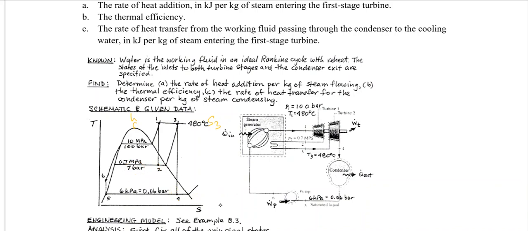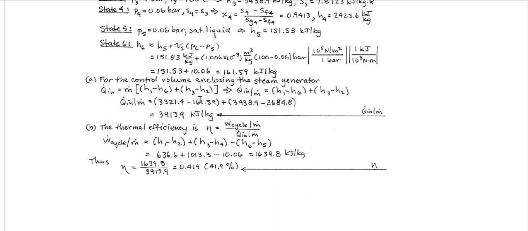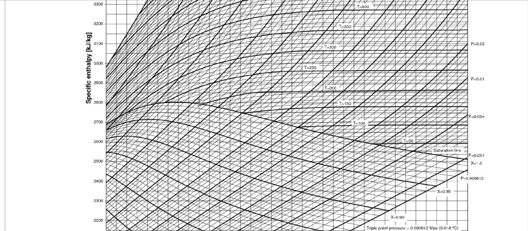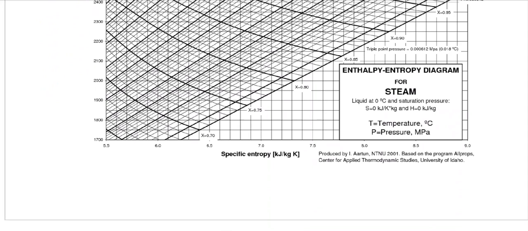Now this is the way when we are dealing with the steam table. Now what about the HS diagram? As the name suggests, the HS diagram has two coordinates: enthalpy h and entropy s. So the HS diagram means the enthalpy-entropy diagram.